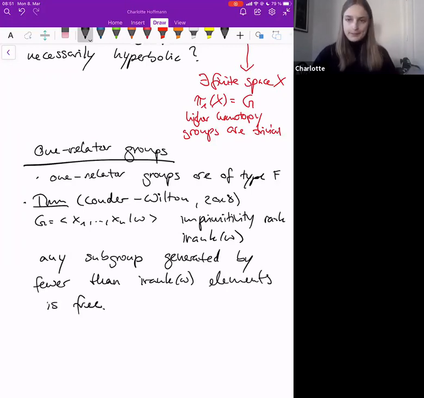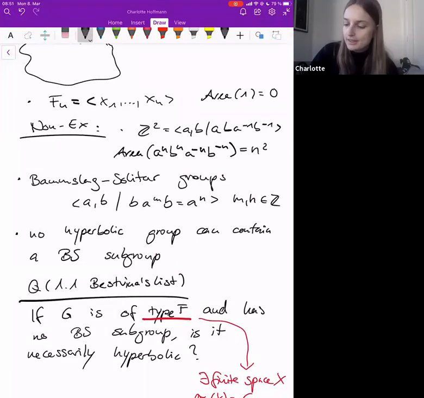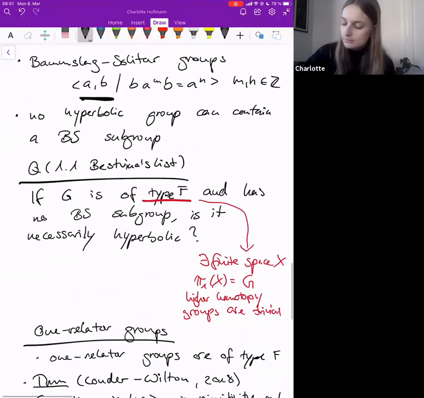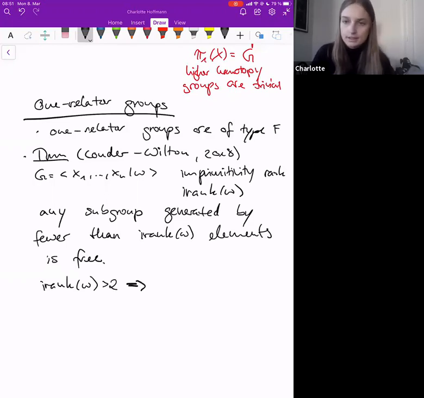Okay, but what does this mean for Baumslag-Solitar subgroups? If we go back to the definition, we see that they are always generated by two elements. So if the imprimitivity rank of the word is larger than 2, then it cannot contain any Baumslag-Solitar subgroups.